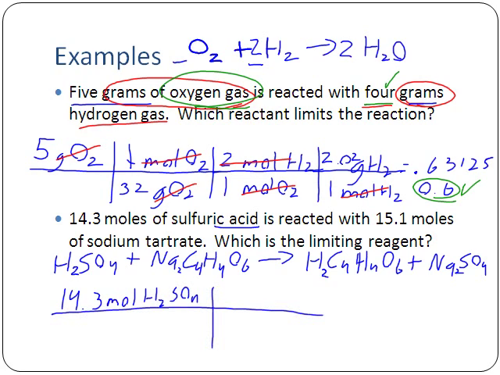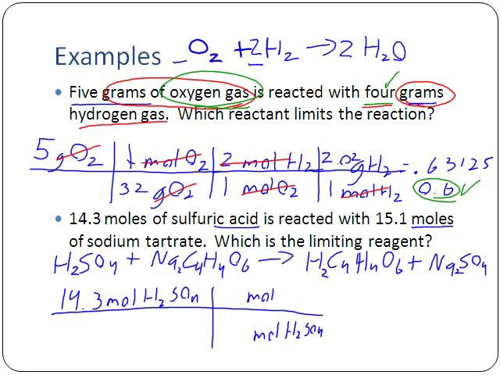First step is always go to moles of what you start with. We already got moles of what we start with, so we don't have to worry about that. We can just go from moles of H2SO4 to moles of what we want. Remember, you always want to convert from what you start with to the units of the other one. The units of the other one here are going to be moles of sodium tartrate.